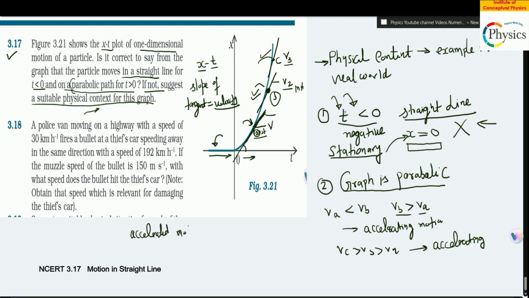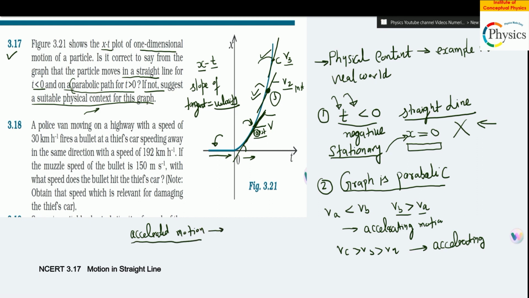Accelerated motion, right? Now, is an accelerated motion a parabolic path? Parabolic path, like it is mentioned in the question? No, accelerated motion can be like this.